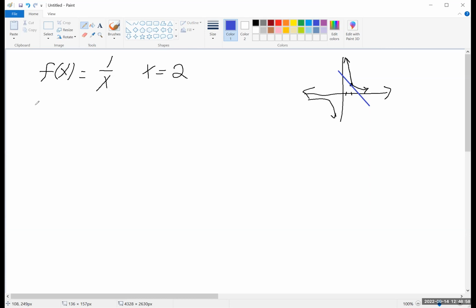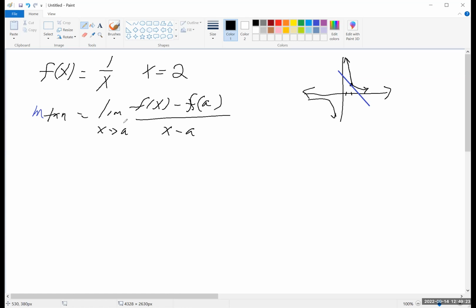So first of all, we definitely need the slope of that tangent line, which is found by getting the limit of f of x minus f of a, and then x minus a as x approaches a.